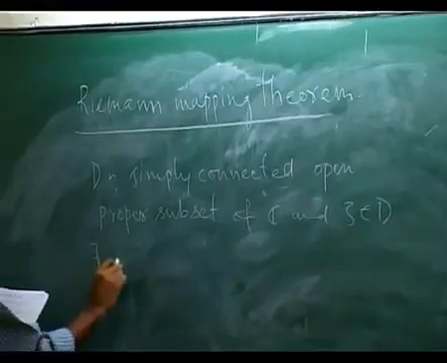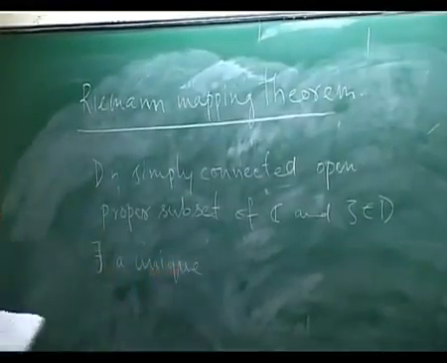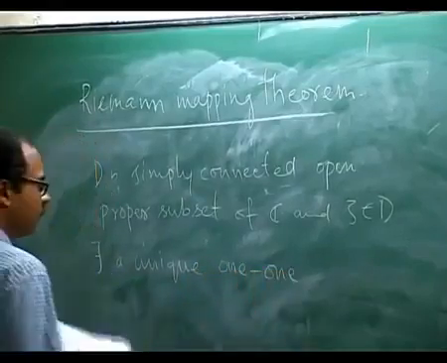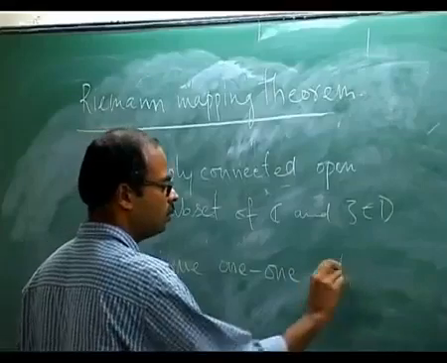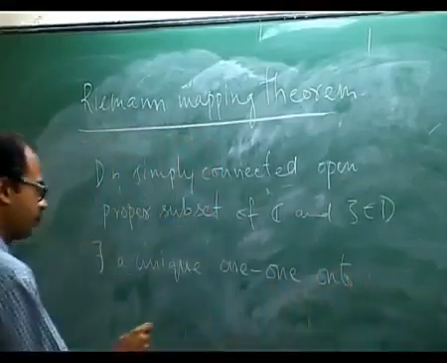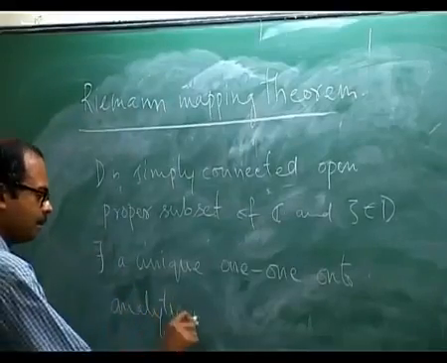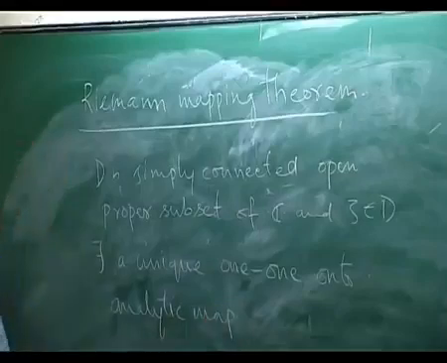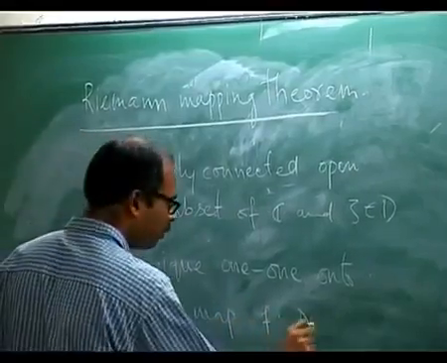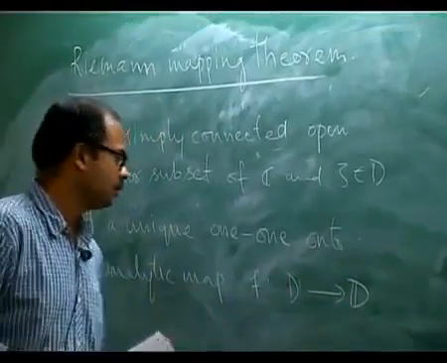Then there exists a unique one-to-one onto analytic map F from D to the unit disk.